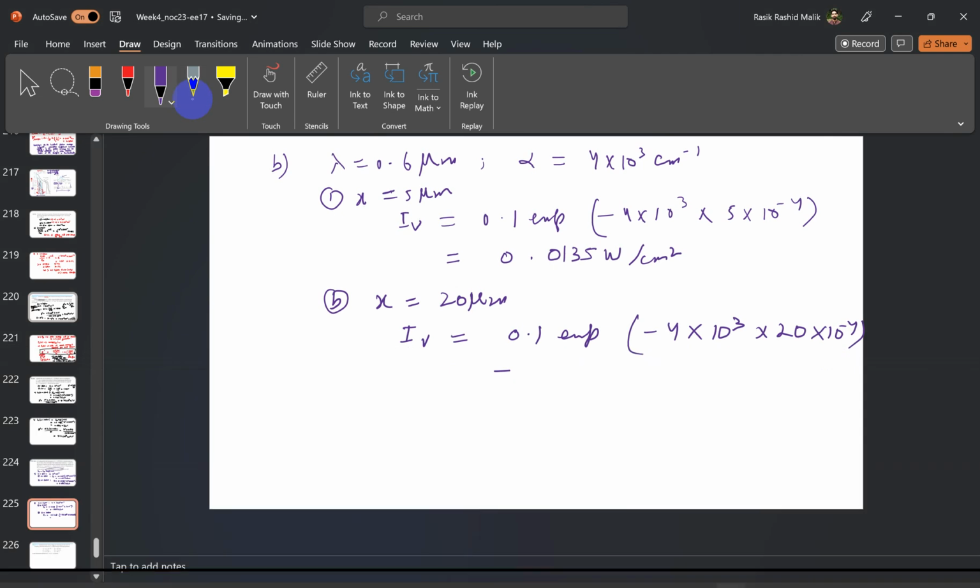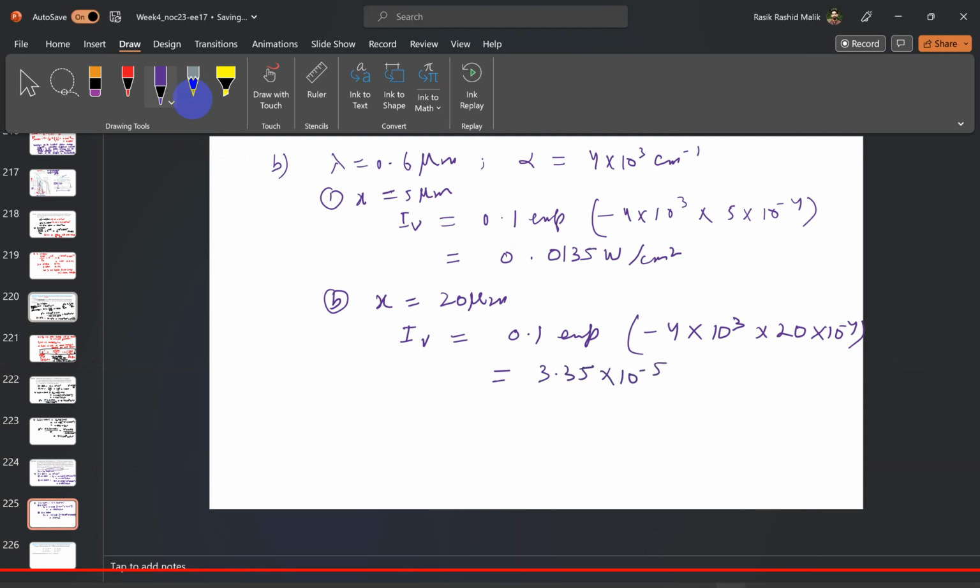That is equal to 3.35 into 10 to the power minus 5 watt per centimeter square. Okay, so this solves this question about the optical absorption.